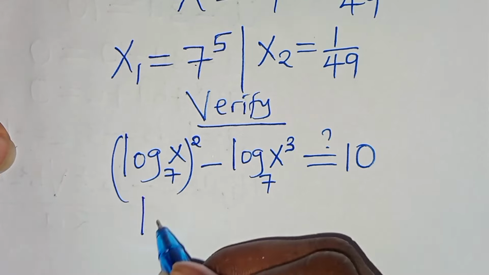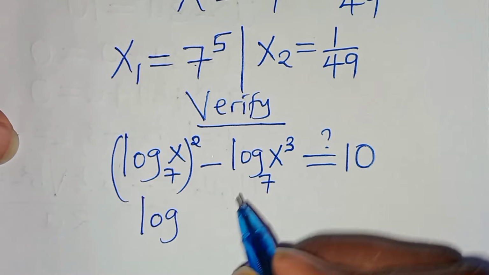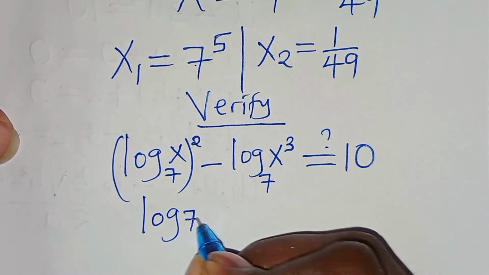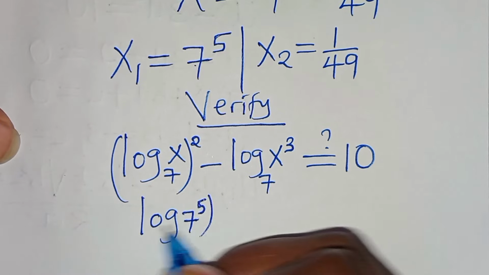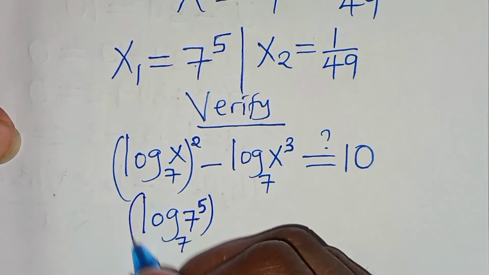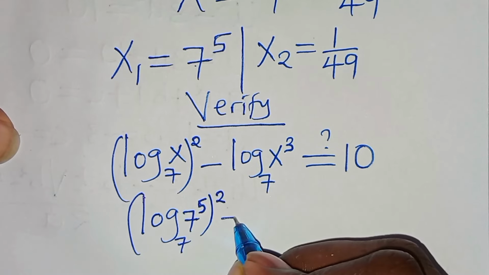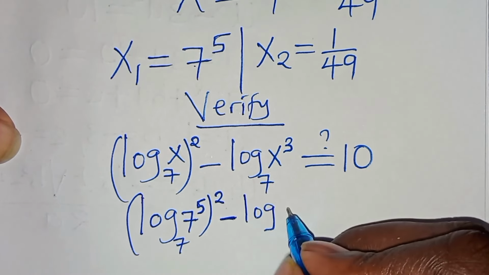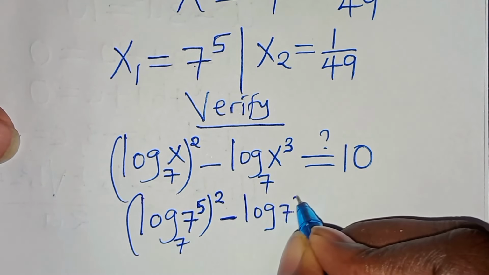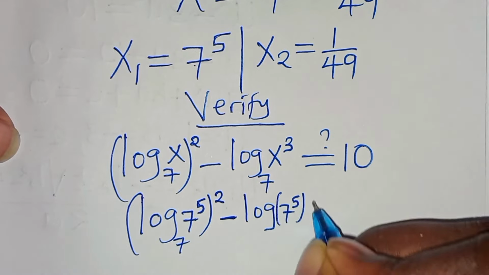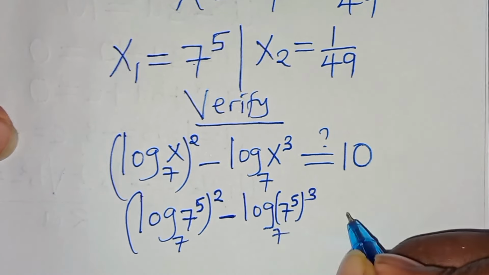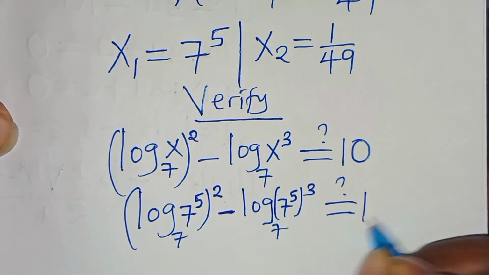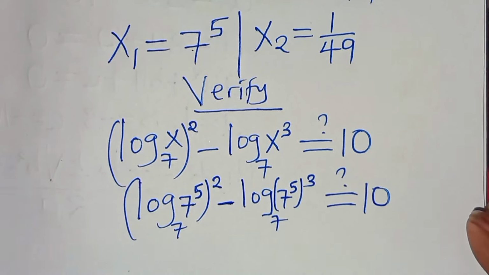So we have log, now this is 7 to the power of 5 to base 7 raised to the power of 2. Subtract here, we have log 7 to the power of 5 raised to the power of 3 to base 7. This is supposed to give us a value of 10.